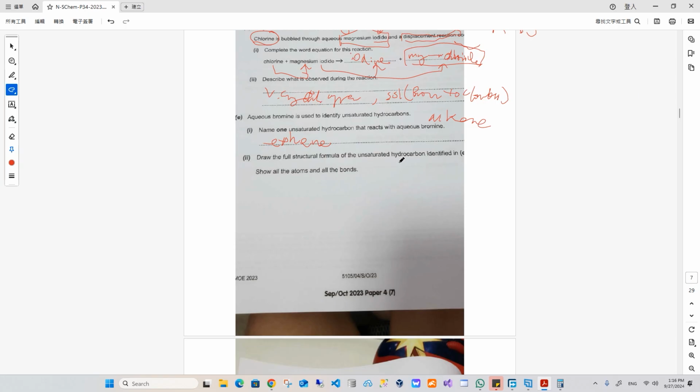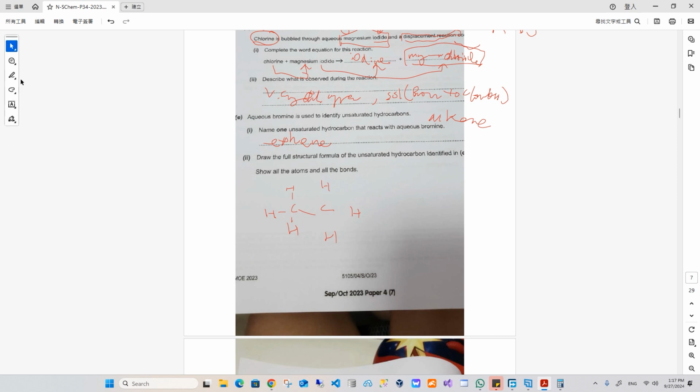Draw a full structural formula of the unsaturated hydrocarbon identified. Show all atoms and all bonds. They didn't say to use a dot cross diagram, so all atoms, all bonds. Oh no, I'm wrong.